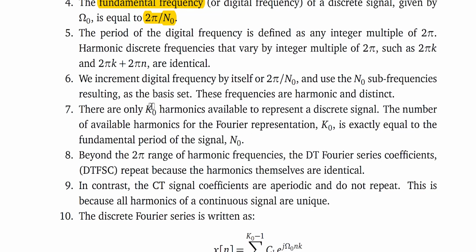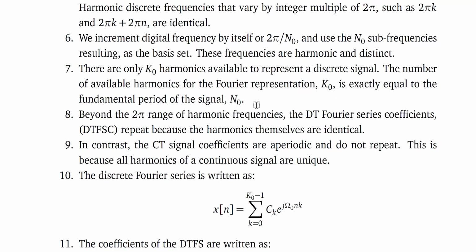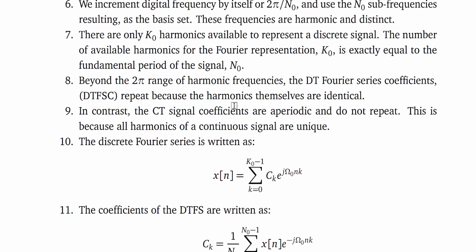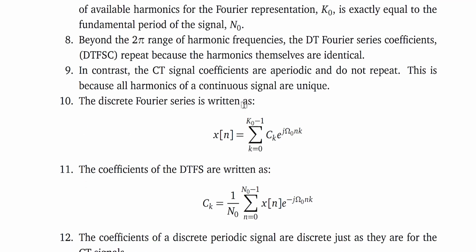There are only K0 harmonics present, where K0 is the same as N0, instead of an infinite number as in analog analysis. Beyond the 2 pi range of harmonic frequencies, the discrete time Fourier series coefficients repeat because the harmonics themselves are identical. In contrast, the CT signal coefficients are aperiodic and do not repeat. This is because all harmonics for a continuous signal are unique.